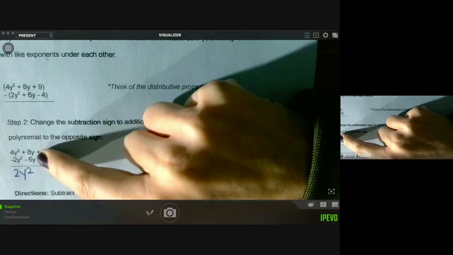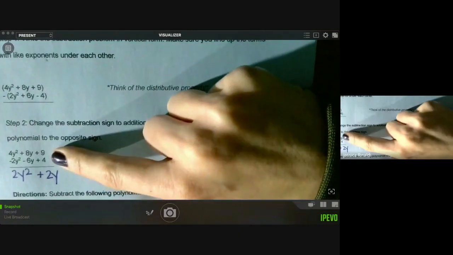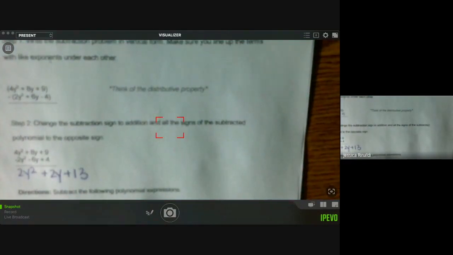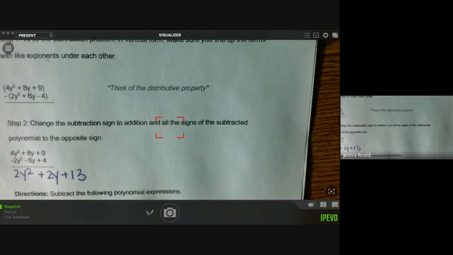It's going to leave me with 2y squared. I have a positive 8y minus 6y is a plus 2y. And a plus 9 and a plus 4 is a plus 13. And that's my final answer. Can you do it up and down vertically like this? Yes, 100%. Do you have to? No.